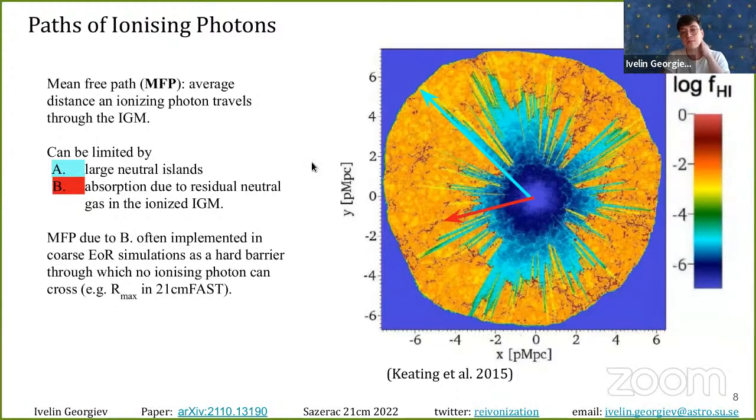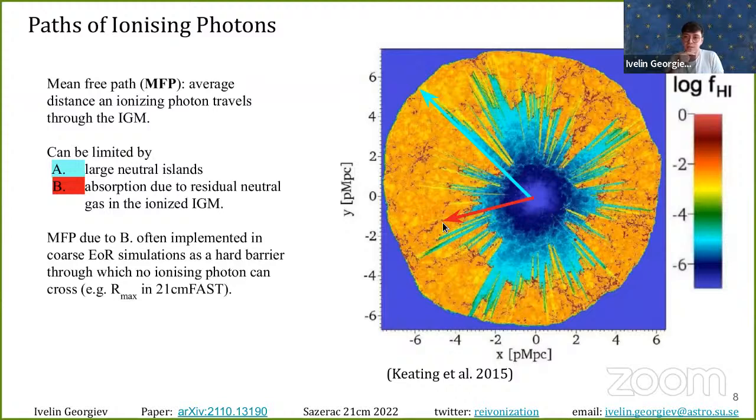We can determine the mean free path of ionizing photons in maybe two possible ways in terms of simulations. In case A, it is probably set by the size of large neutral islands, so ionizing radiation travels from the source to the edge of the bubble where it's absorbed by large neutral islands. Or in case B, seen in red, it travels and is then absorbed by neutral gas which still remains within the ionized region.